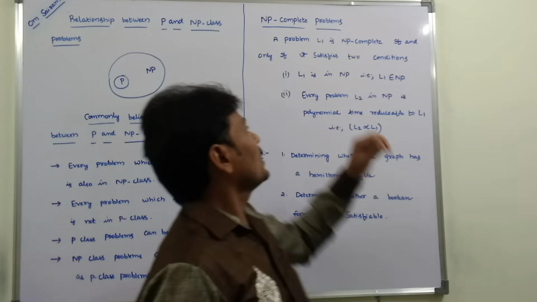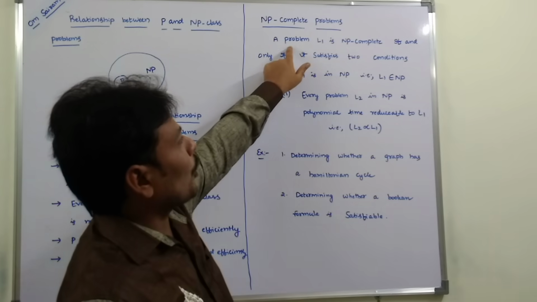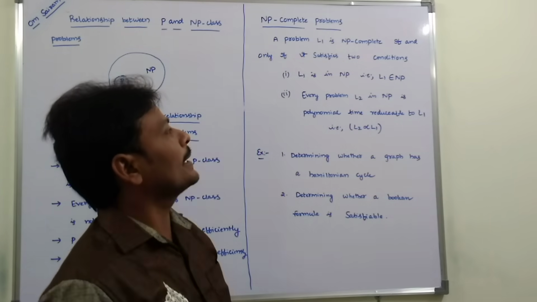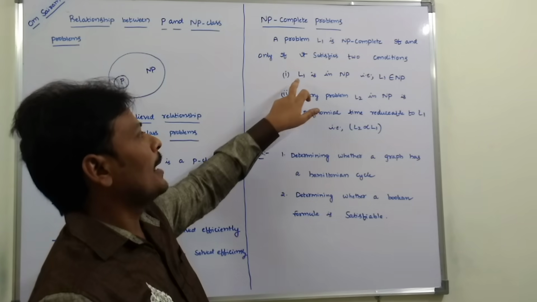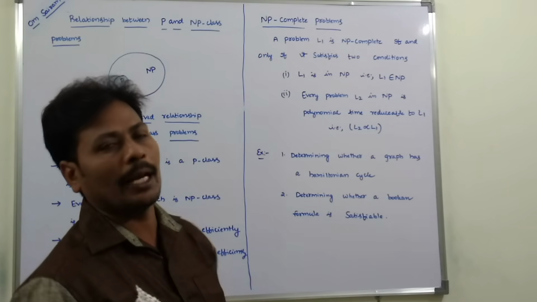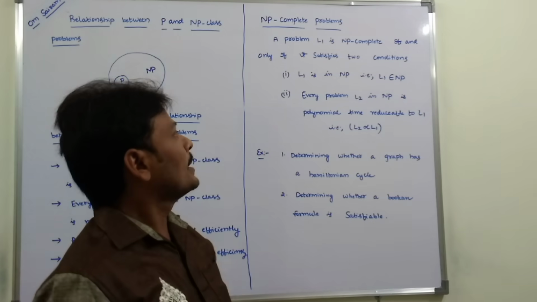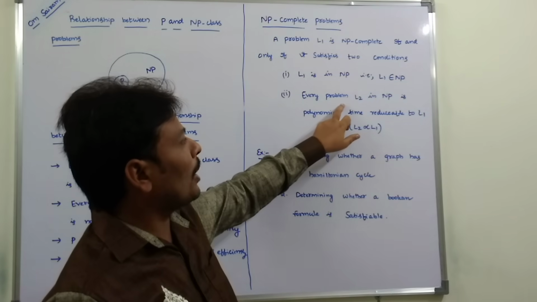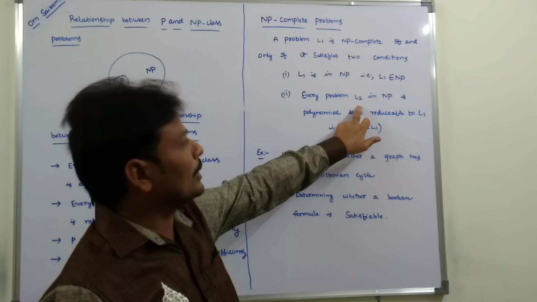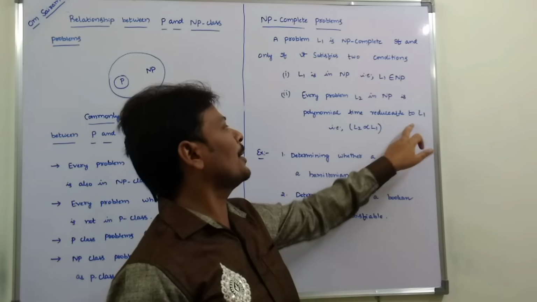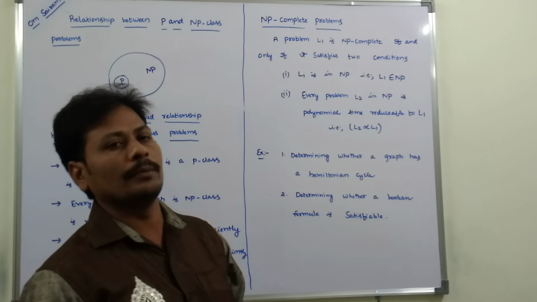Okay. So this is the definition. A problem L1 is NP complete if and only if it satisfies two conditions: L1 is in NP, and every problem L2 in NP is polynomial time reducible to L1.